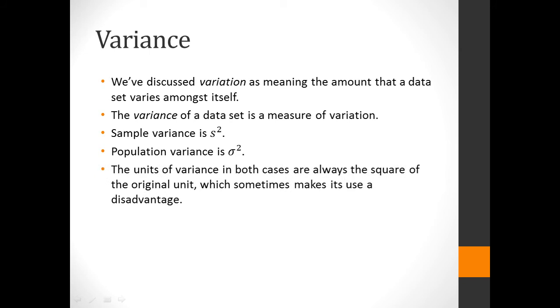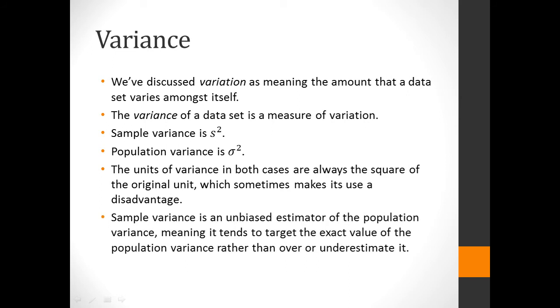The reason that this becomes difficult sometimes to use is that the variance is a square of the original unit. So we're going from units to units squared. It can be a disadvantage because now we're talking about different units. However, the biggest advantage to this is that sample variance becomes an unbiased estimator of the population variance.